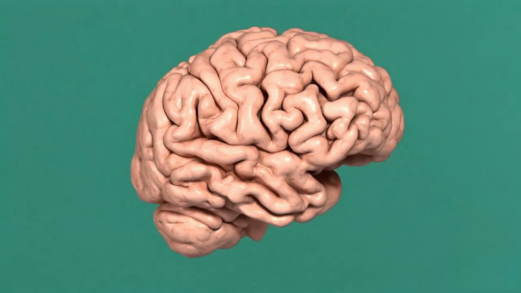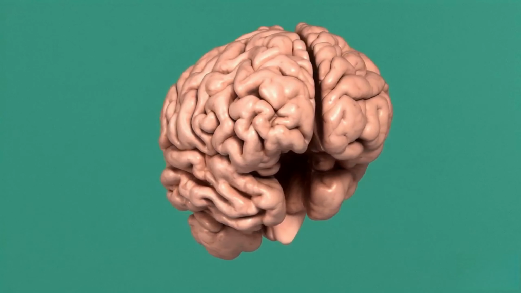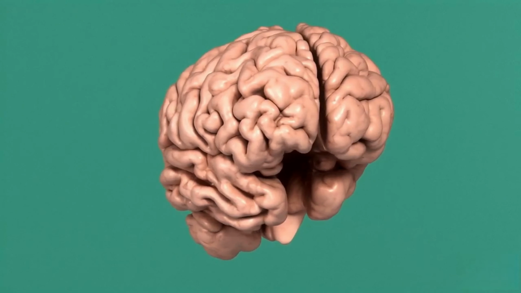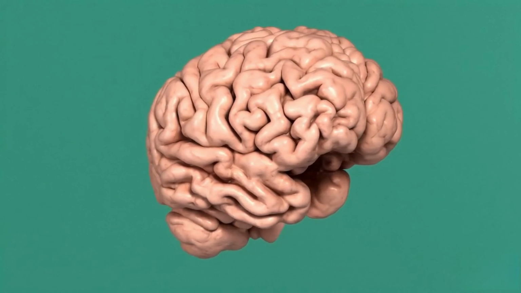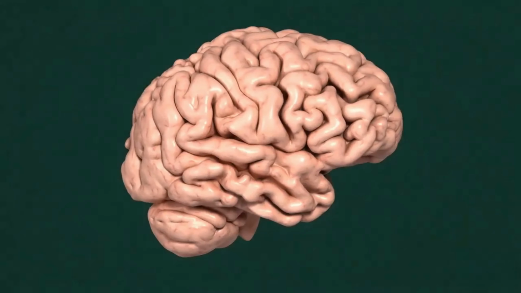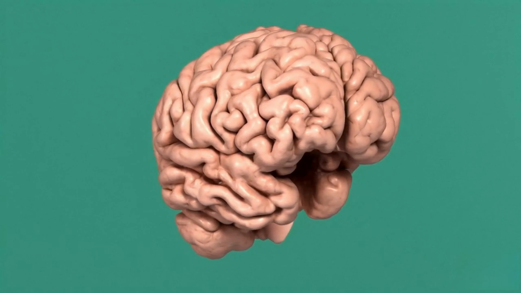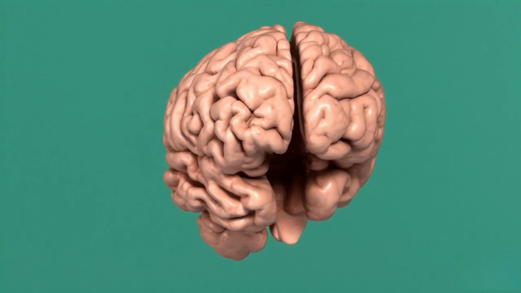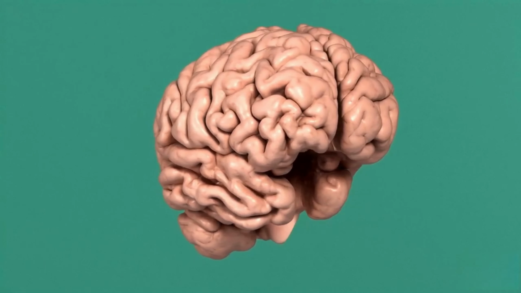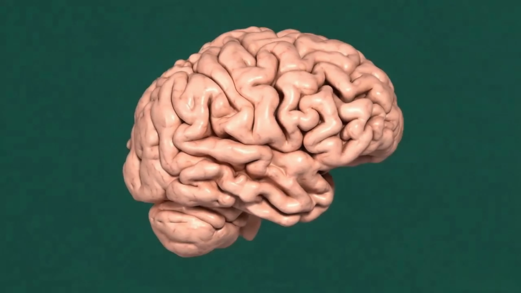Parietal lobe, top middle, sensory integration, touch, temperature, pain, spatial awareness. Temporal lobe, sides, near ears, auditory processing, memory, language, comprehension. Occipital lobe, back, visual processing.